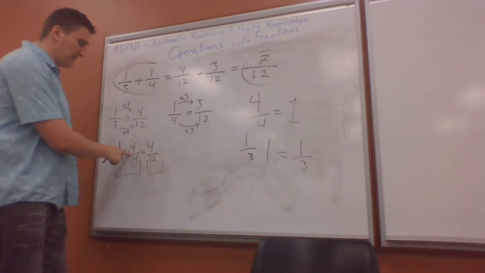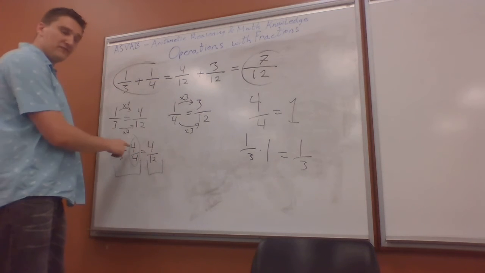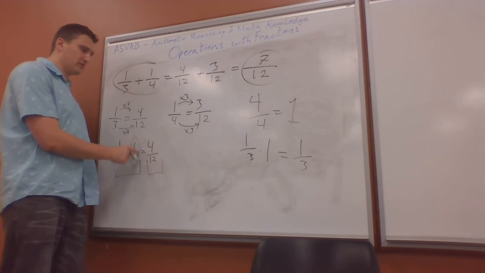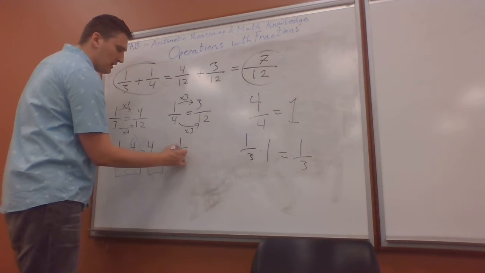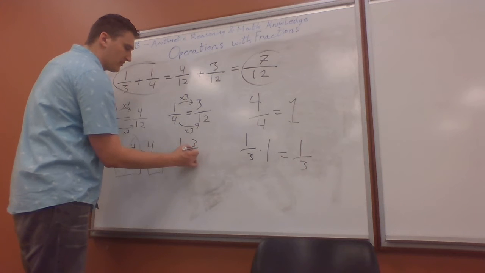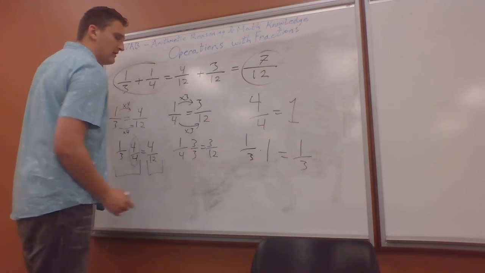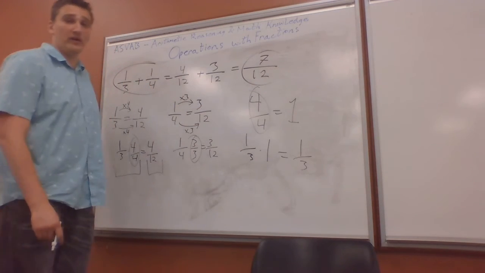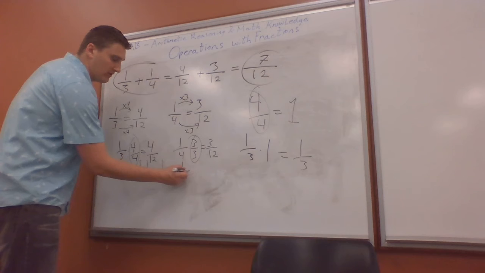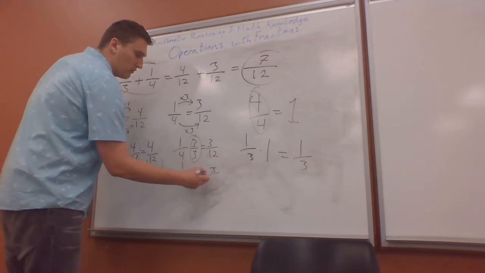You can always multiply by a fraction without changing the value of it if you have the same thing on top as you do the bottom. So like with 1/4, I multiplied that by 3/3 to get 3 12ths. 3/3, just like 4/4, is equal to 1. I basically went 1/4 times 1 to get something equal to 1/4.